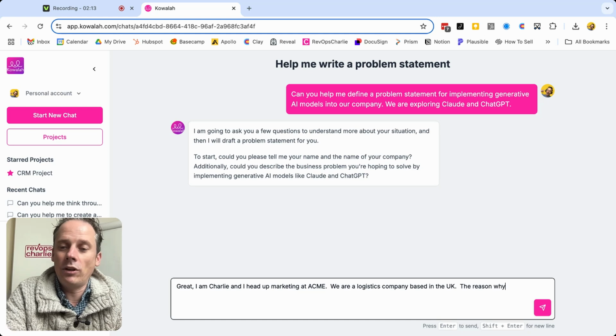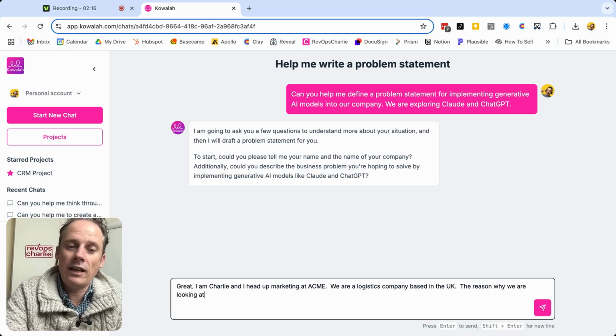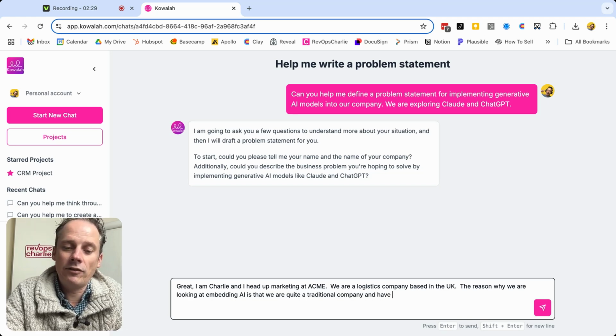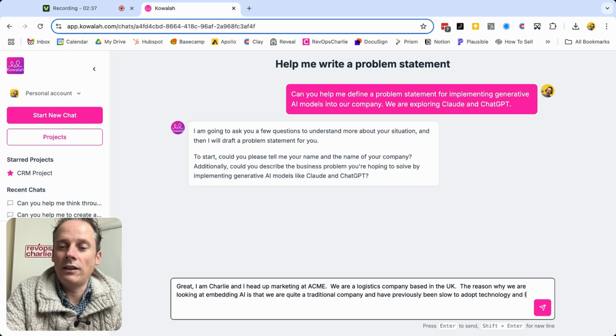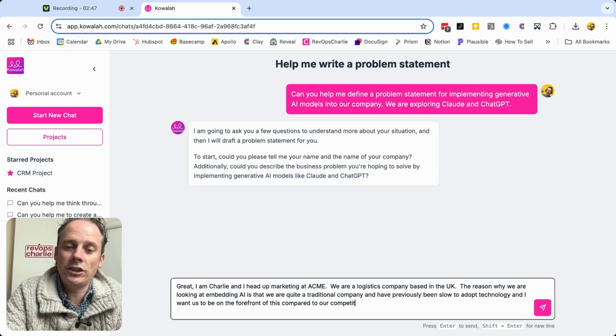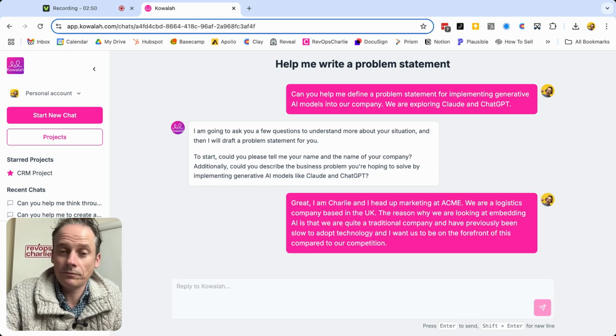The reason why we are looking at embedding AI is that we are quite a traditional company and have previously been slow to adopt technology, and I want us to be on the forefront of this compared to our competition. Seems reasonable enough.